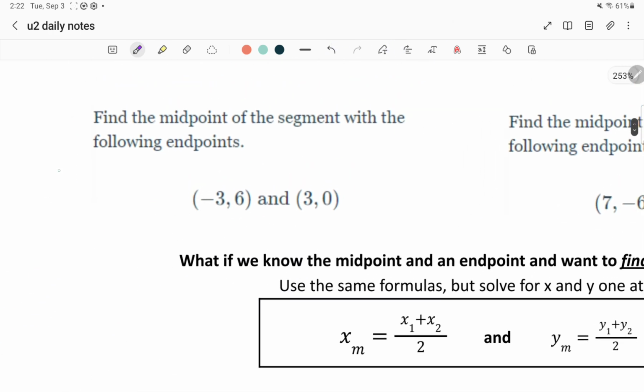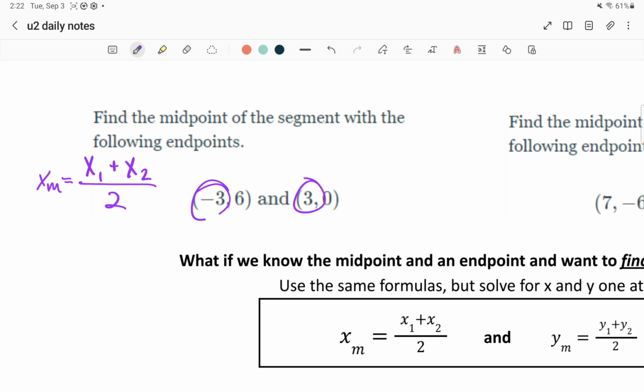I will just rewrite the formula. XM stands for x value of the midpoint. Same way x1 is first x value plus second x value. My x values are always the first numbers in the ordered pair.